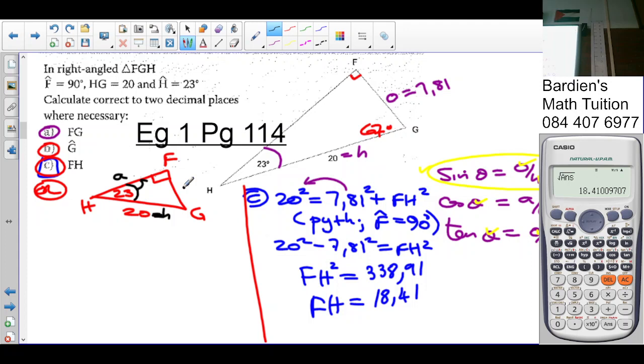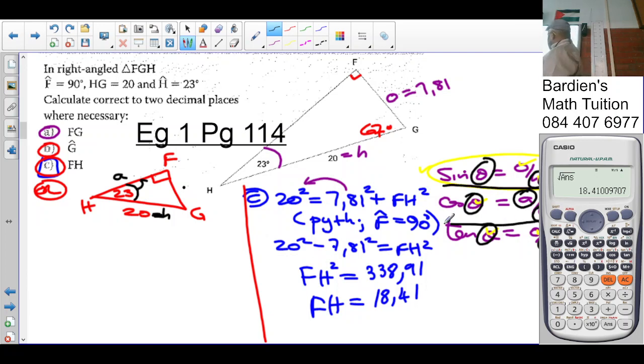So the question is, which trigonometric function uses adjacent? There's adjacent, and we have the angle, of course, and we have the hypotenuse. So which trigonometric function are you going to use? Cos. Can you see how I choose which one I'm using? So I say cos theta equals adjacent over hypotenuse.